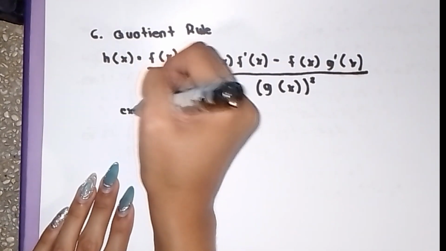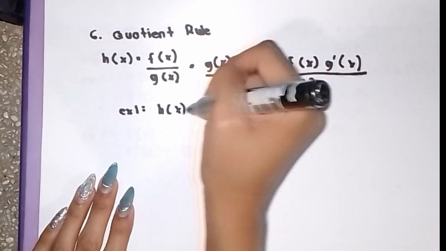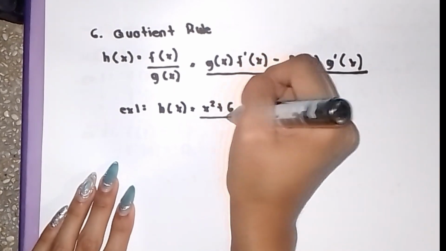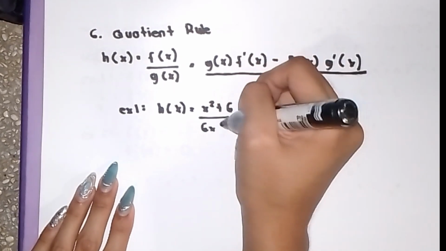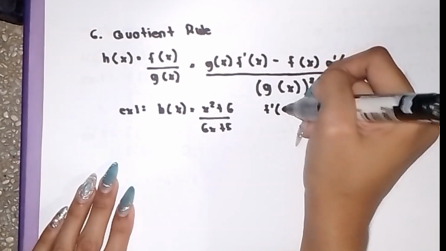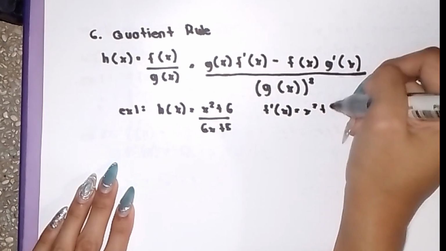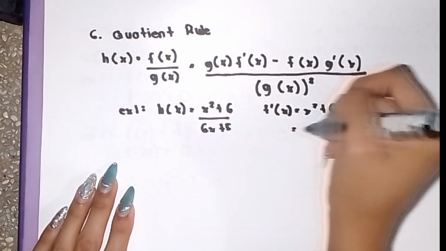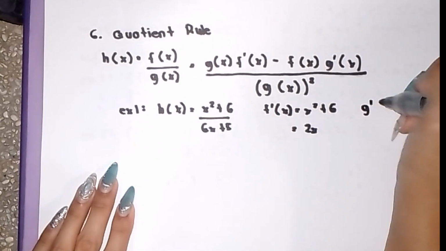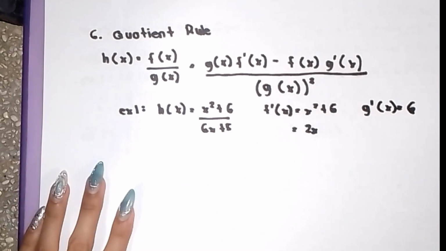For our example number 1, we have h of x is equal to x squared plus 6 over 6x plus 5. For our f prime of x, the derivative of x squared plus 6, the answer will be 2x. For our g prime of x will be 6.